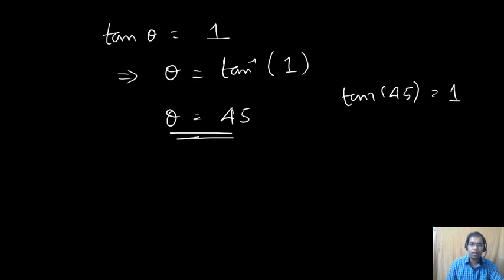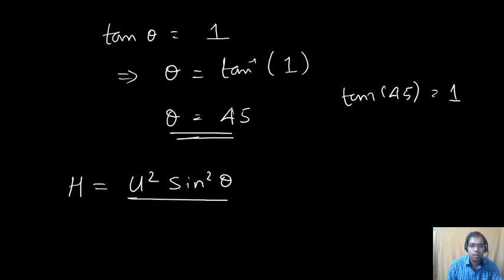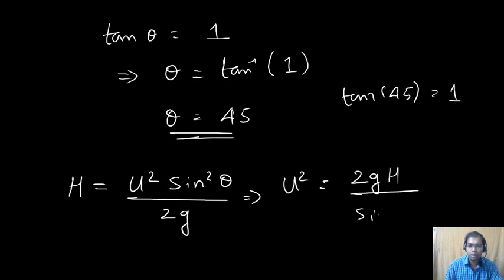Now let us go ahead and substitute it in any one of the expressions. Let us take the maximum height expression, which is h is equal to u square sine square theta by 2g. So we need to find u square. I can just write this as u square is equal to 2gh by sine square theta.